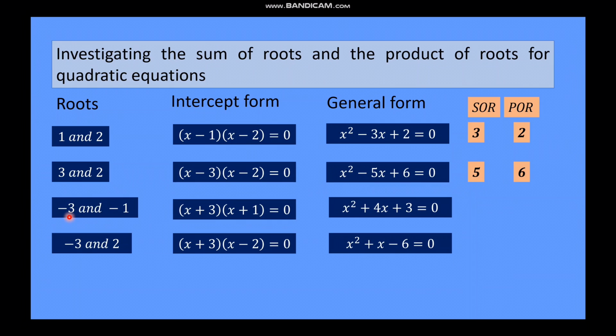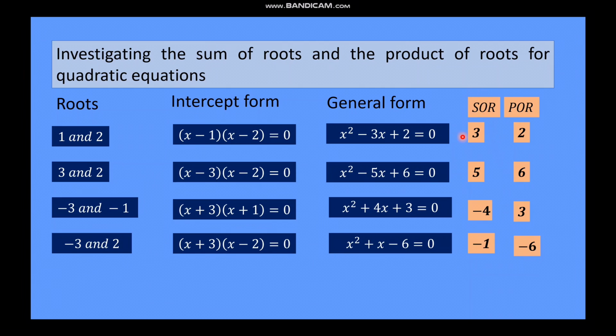For the roots of negative 3 and negative 1, the sum is negative 4 and the product is 3. And lastly, for the roots of negative 3 and 2, the sum is negative 1 and the product is negative 6.